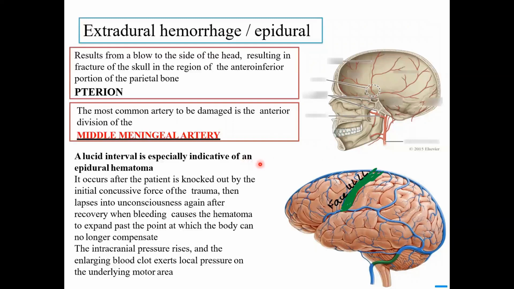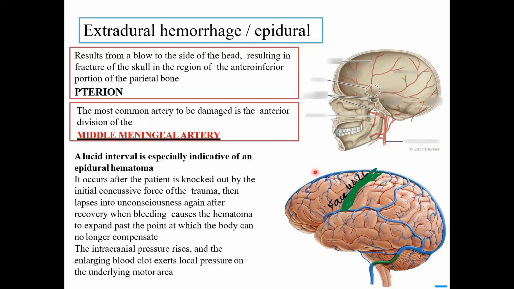By lucid interval, we mean that immediately after the trauma, the patient will become unconscious, and after this sudden phase of unconsciousness, the patient will recover and regain consciousness. But soon this phase of consciousness will again be followed by either deep coma or some type of hemiplegia, paraplegia or monoplegia.